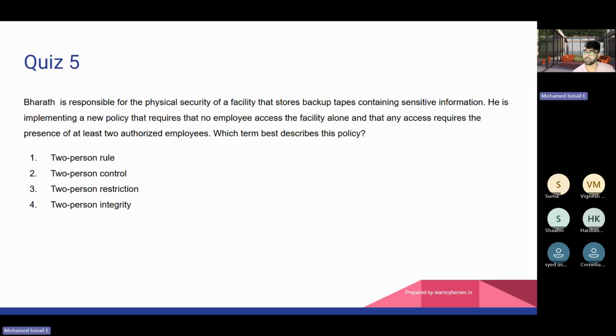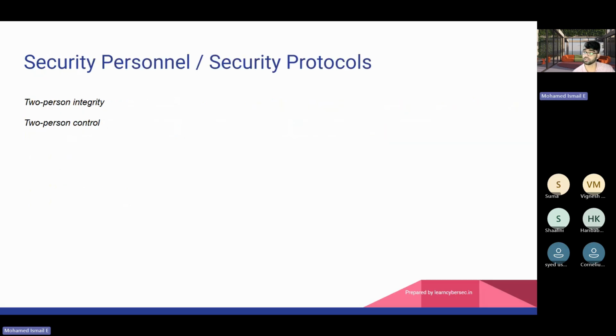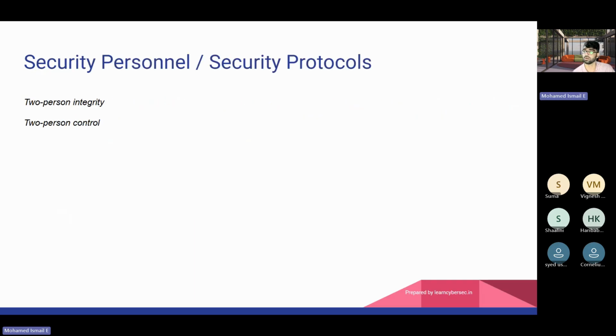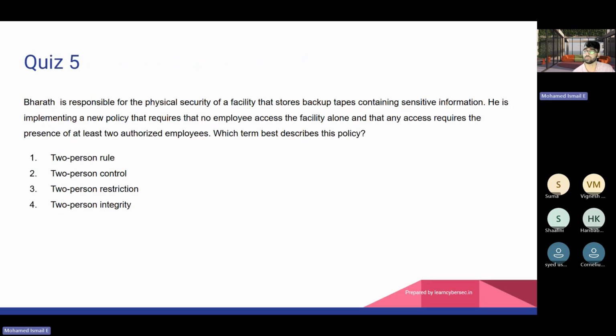Two-person restriction probably does not exist, so we can eliminate it. Two-person integrity was there in the previous example, two-person control was also there in the previous examples, right? Here is a backup facility only accessible if two people are present, so here two-person control is most suitable. If two people are present, then only we can access.